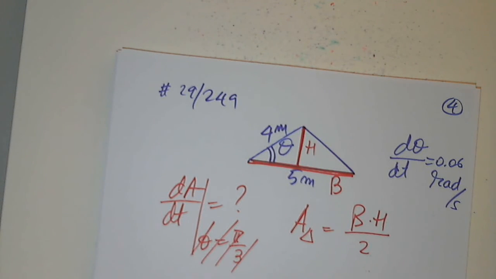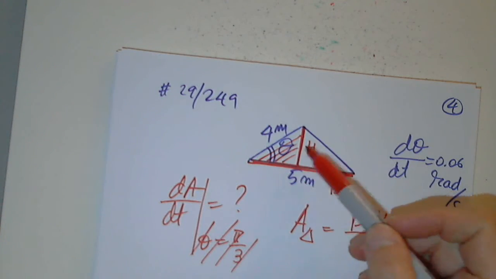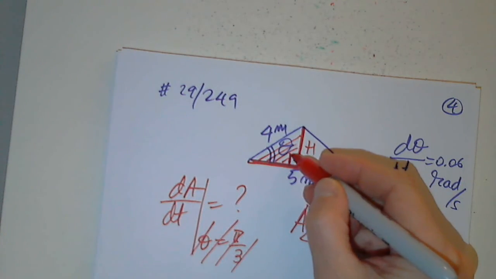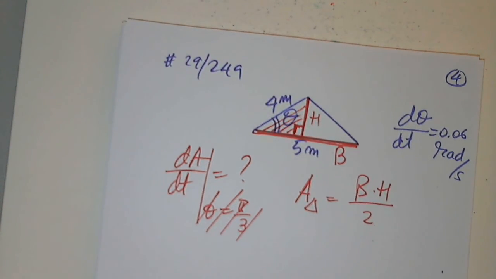Okay, so I do have the base, which is 5, but I don't have the height. So let's take a look at this right triangle. And maybe we can come up with the height somehow. So we need to use the right triangle to express the height somehow, preferably involving theta, with a trig function.